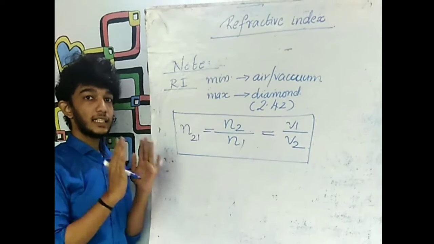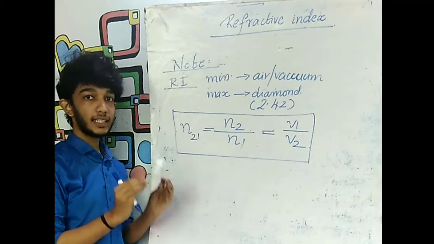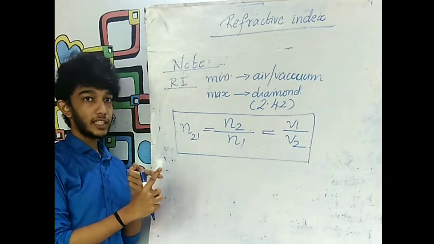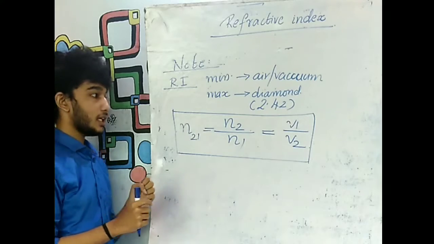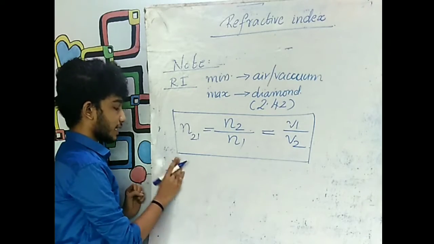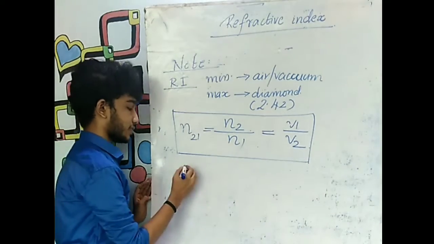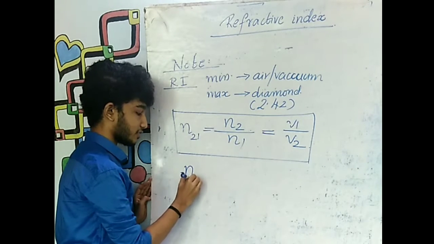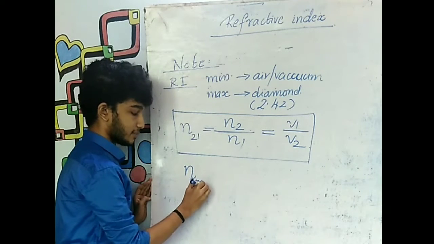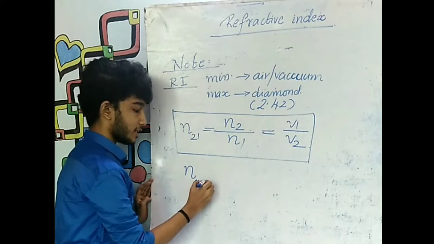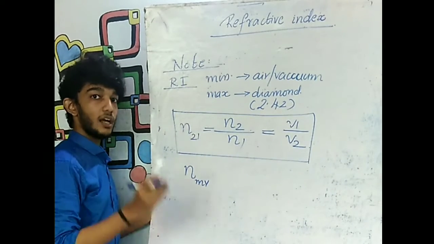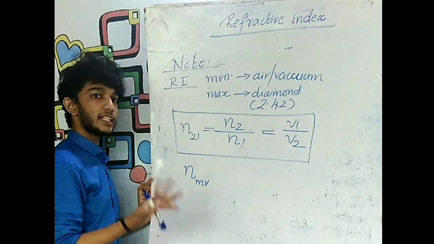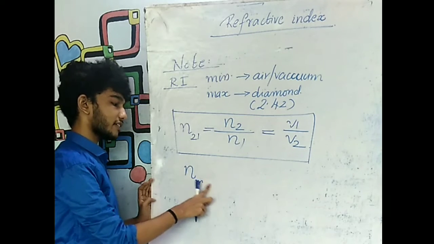Now let us derive an equation that connects the refractive index of a medium and the speed of light in that medium. So we learned that absolute refractive index, what is that? The refractive index of the medium with respect to vacuum is known as absolute refractive index, or simply we can call it the refractive index of that medium.